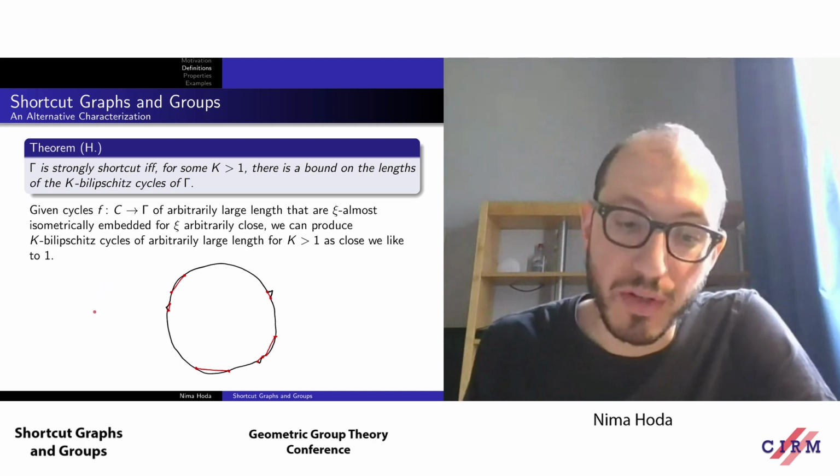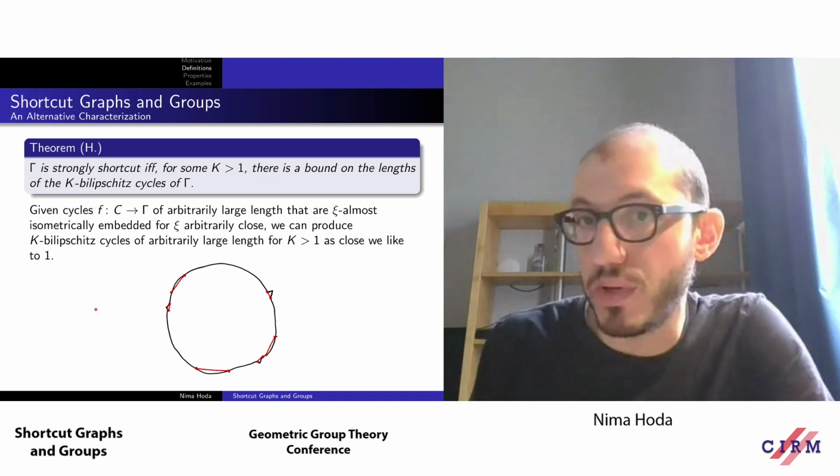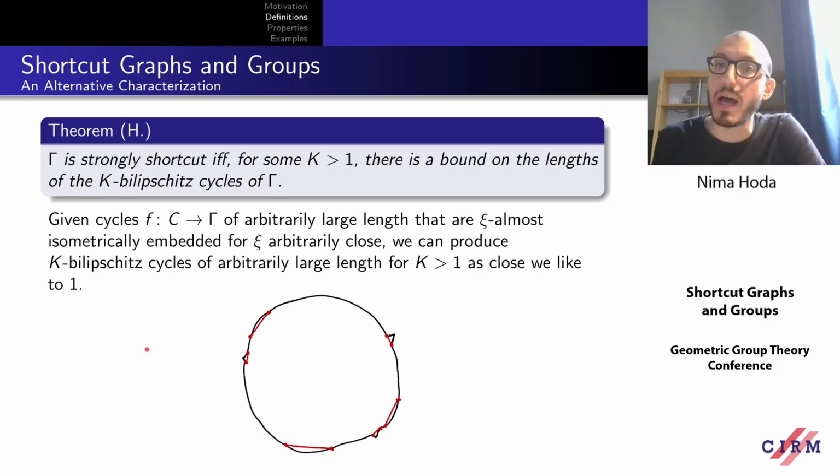And so the length of that k-bi-Lipschitz cycle would have to be bounded by the same bound that bounds the lengths of psi-almost isometric cycles of gamma. So the interesting direction is the reverse direction.